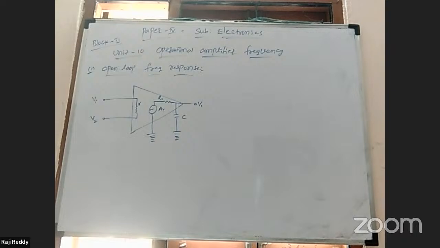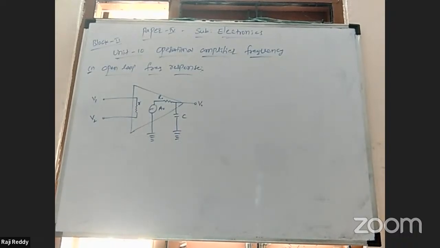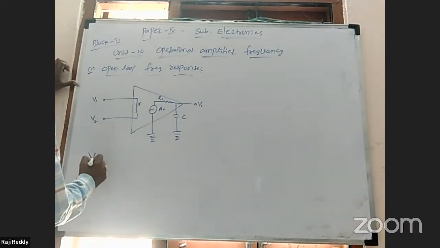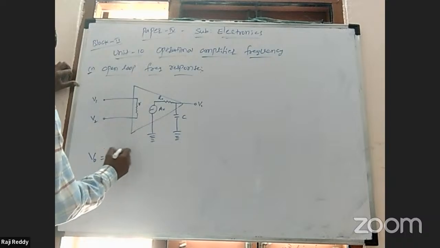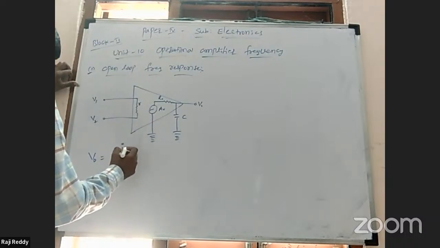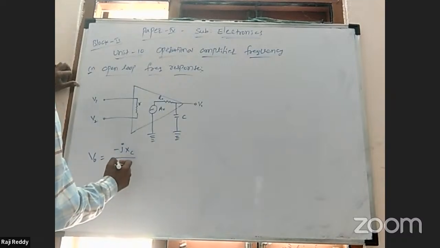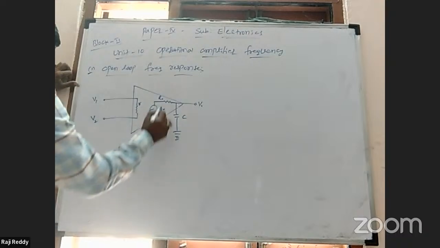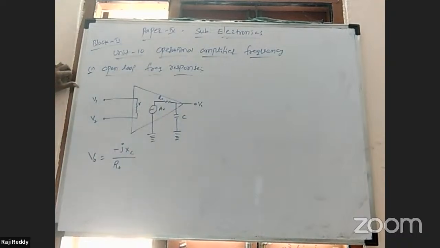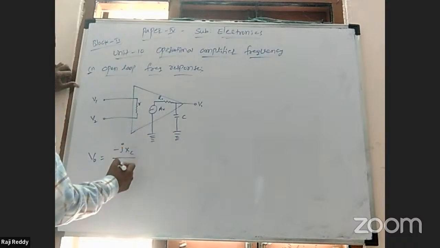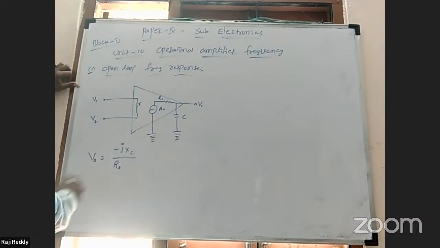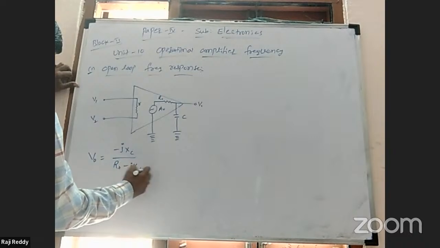Now we can use the voltage divider rule, meaning the voltage splitting rule. Then we can write the equation. Output voltage is equal to minus j into the reactance of the capacitor, XC, divided by R naught plus the reactance of the capacitor into j, so minus j XC.